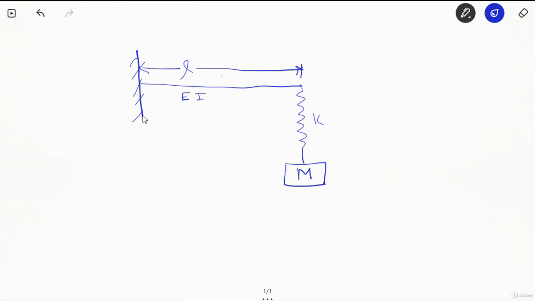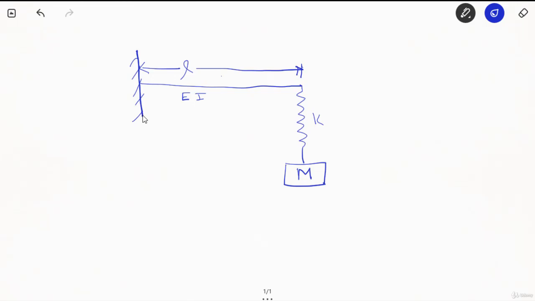I hope you are familiar with that term. EI represents flexure rigidity, E is the Young's modulus, and I is the area moment of inertia of the cross section of the beam. Now, the first point of discussion is this particular part, right?